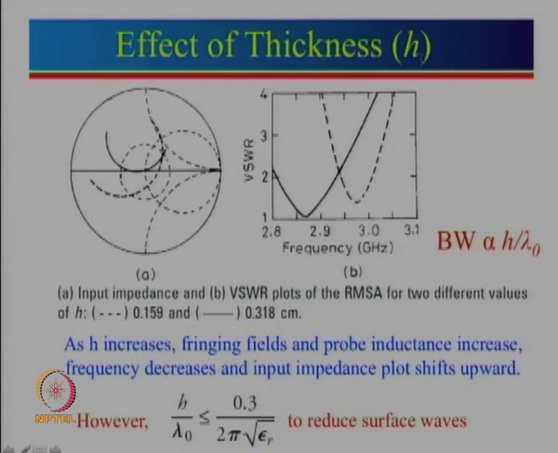There is a second effect. When we increase the thickness of the substrate, the probe which is feeding from the ground plane to the patch becomes longer. The probe inductance is inversely related to the diameter, so if the diameter is more, probe inductance will be less, and if the height of the probe is more, its inductance will increase.